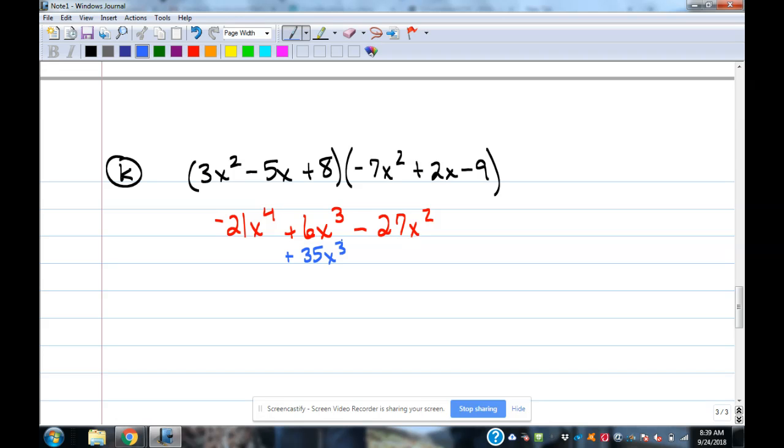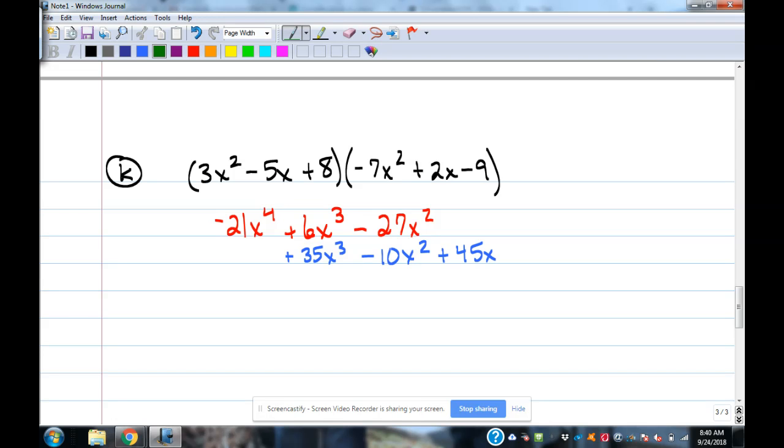Okay. Negative 5x times positive 2x, negative 10x squared. And then negative 5x times negative 9, plus 45x.